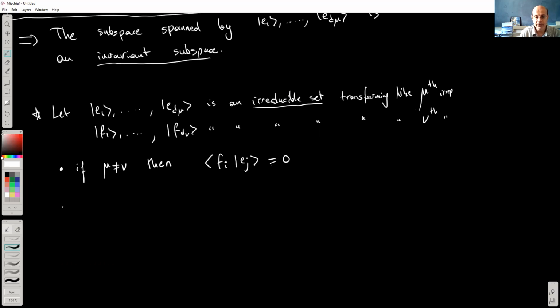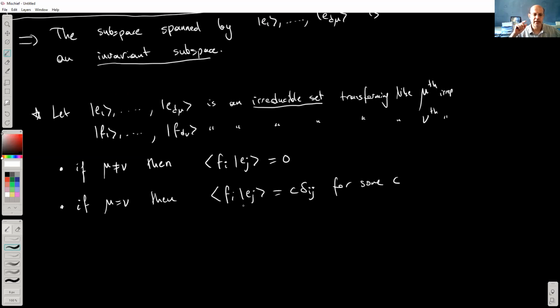Second, if they are transforming like the same representation, then the dot product of F_i and E_j is equal to C times delta_ij for some C. It means, for example, that the first vector is always orthogonal to the second vector, and so on, even if these two irreducible sets are different but still transform like the same representation.